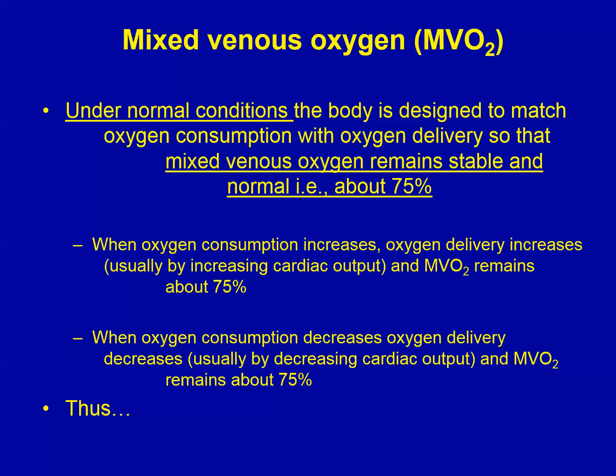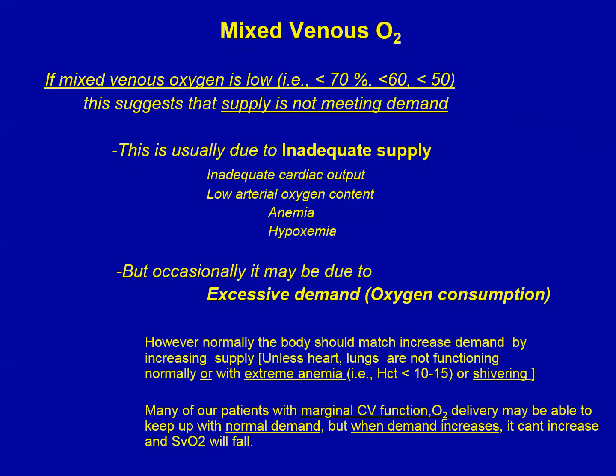When oxygen consumption increases, normally oxygen delivery increases, and keeps venous saturation at 75%, while when oxygen consumption decreases, oxygen delivery normally decreases and venous saturation stays at 75%.